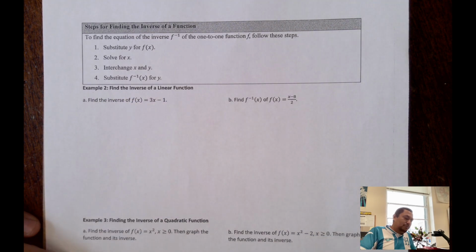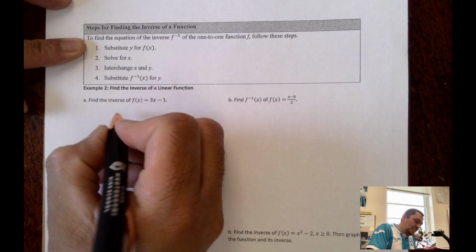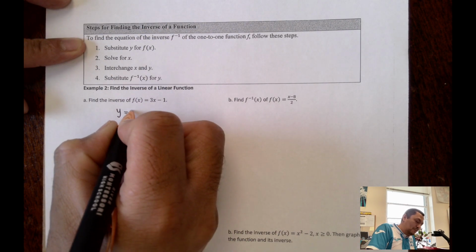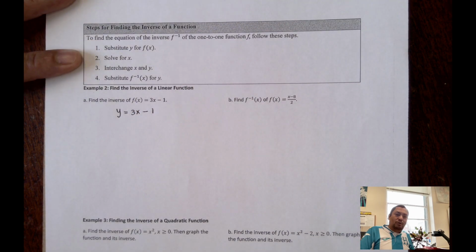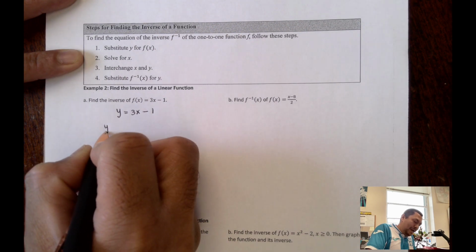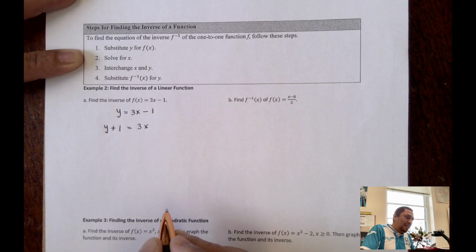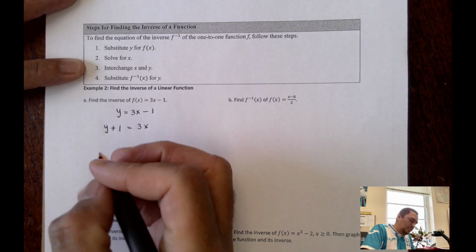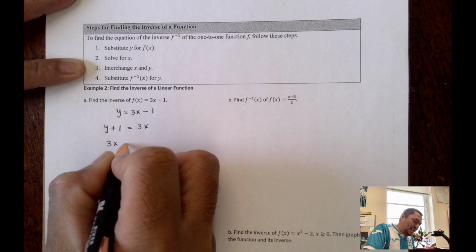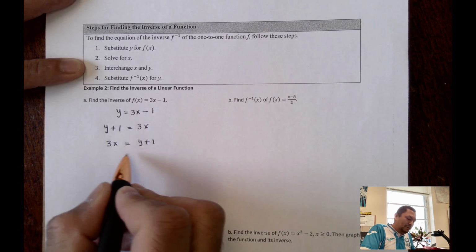So find the inverses. We're going to start with problem A. I'm going to substitute y for f(x). So I have y equals 3x minus 1. Then I'm going to solve for x. So I have y plus 1 equals 3x. I can switch these to have 3x equals y plus 1, just to make formal steps. Then I'm going to divide by 3.